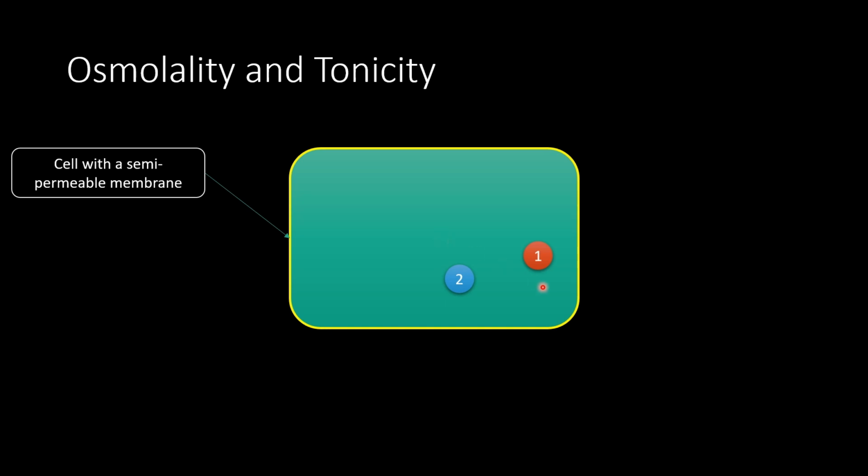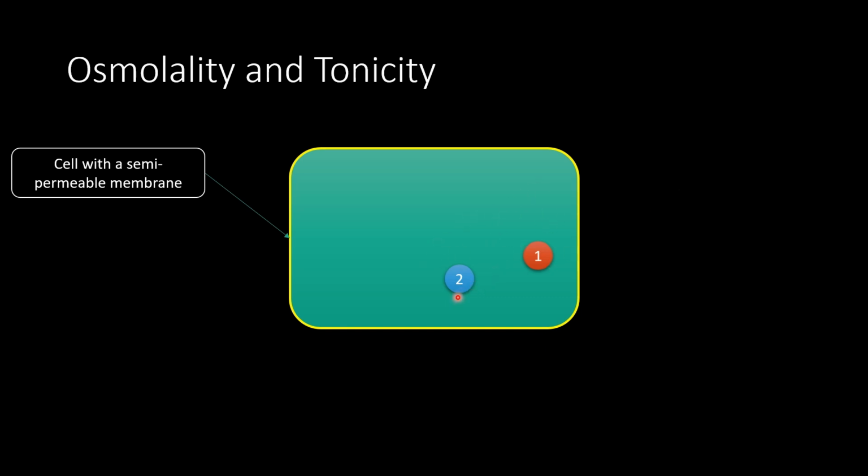That means if a particular solute is contained inside a semi-permeable membrane, that solute cannot cross the membrane, and it will effectively cause movement of water, that is a transcellular shift of water, depending on where the concentration is higher and lower. Water will always move from an area of lower solute concentration to a higher solute concentration, because the water concentration is different. Solute concentration lower outside means water concentration is higher outside. That's why water is moving from an area of lower solute concentration to a higher solute concentration. That is called osmolar movement of water.